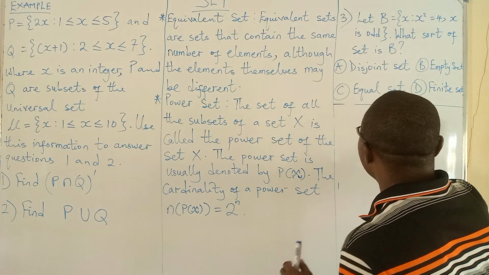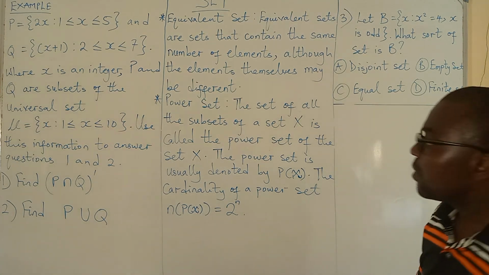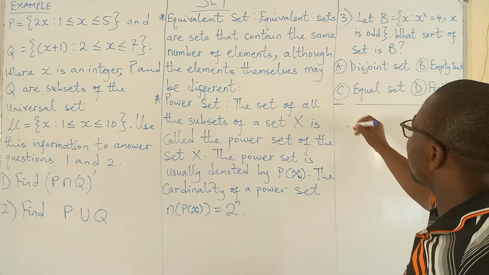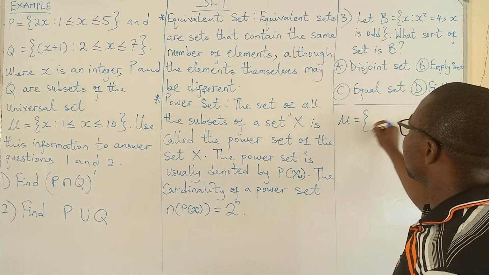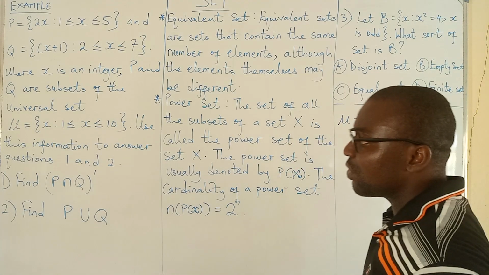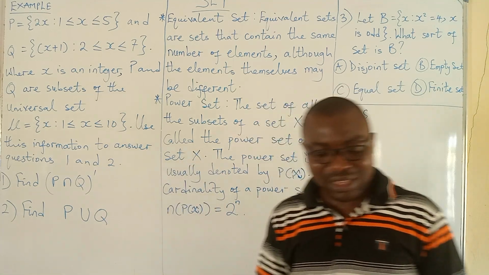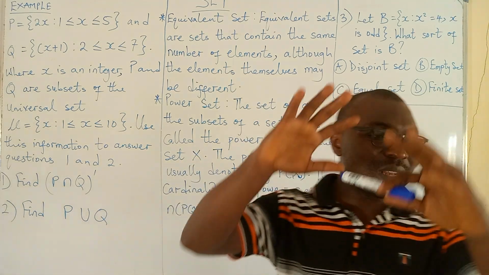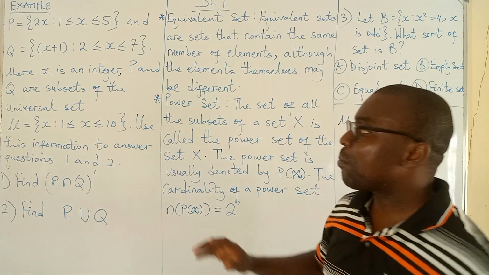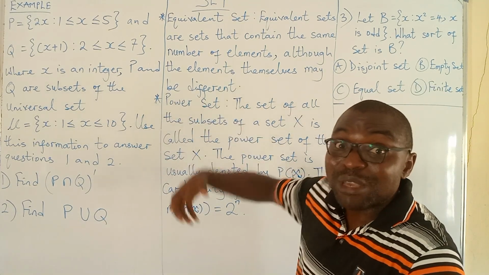Let's see how we can do that. First of all, we need to find the universal set. Let's find the elements of the universal set. Remember, we said in set part 1 that the universal set is the background set from which elements of all other sets can be derived.